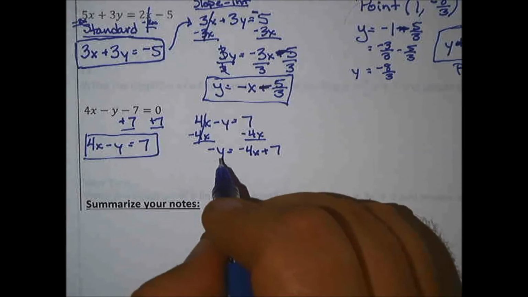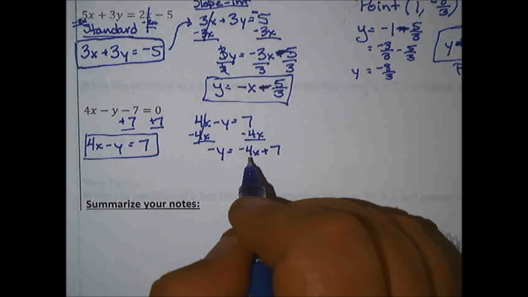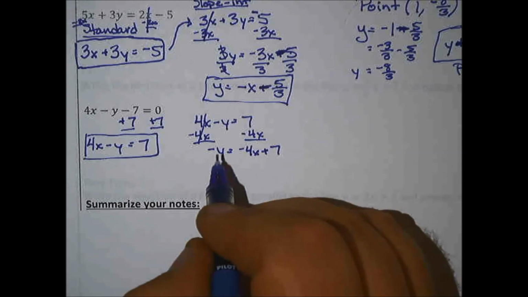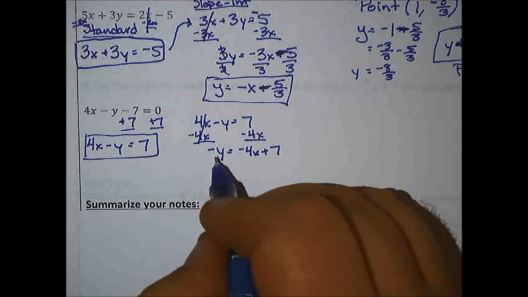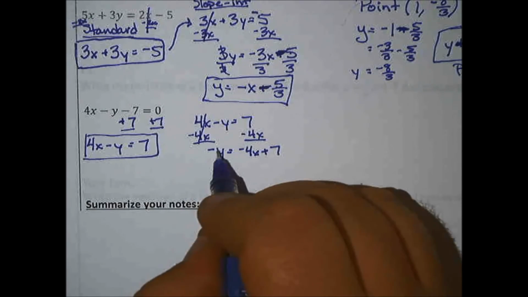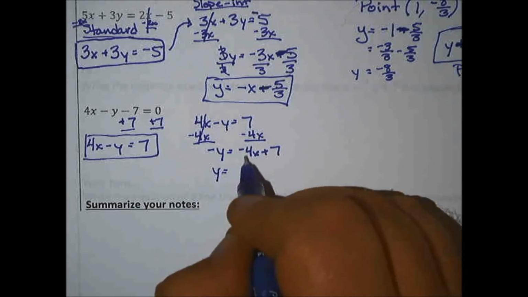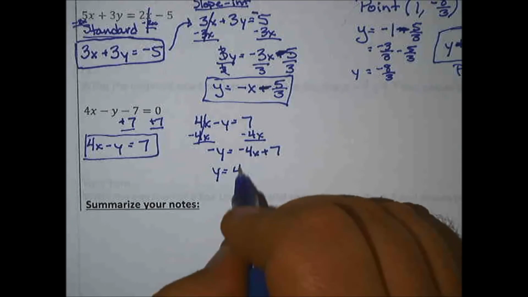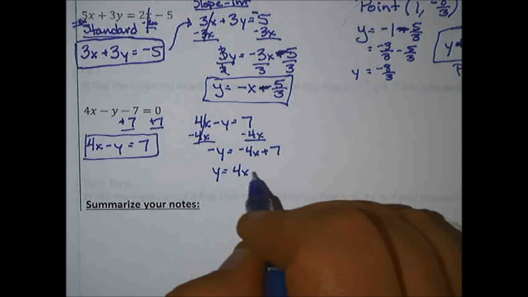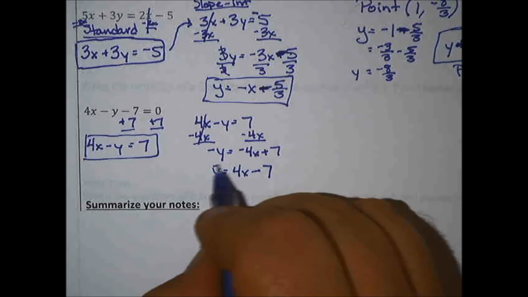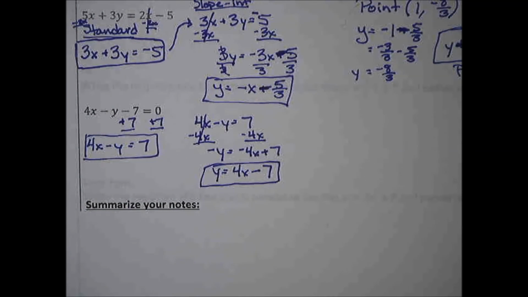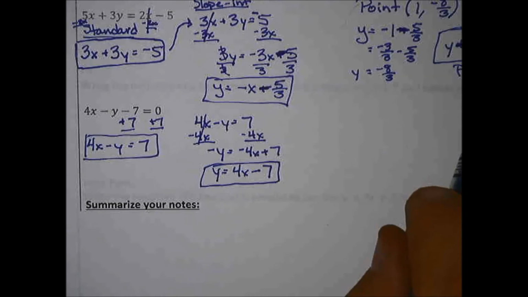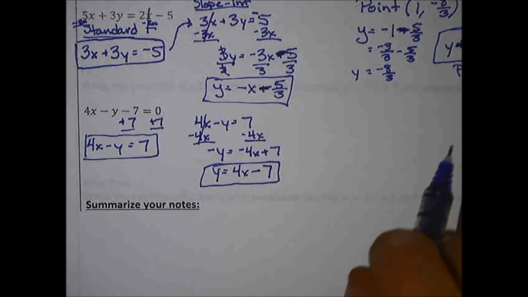To get rid of this negative, really I'm dividing by -1, but all I have to do is switch the sign of every piece of the problem. All right, so turn -y into +y, turn -4x into +4x, turn +7 into -7. And there we go. That's kind of a shortcut to get rid of that -1. So that's my slope-intercept form.